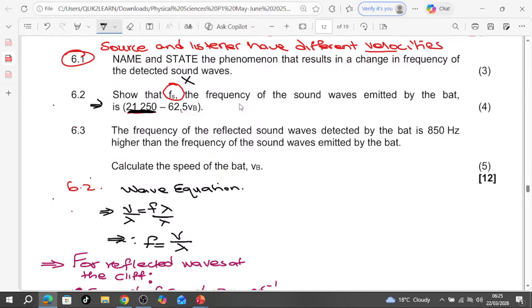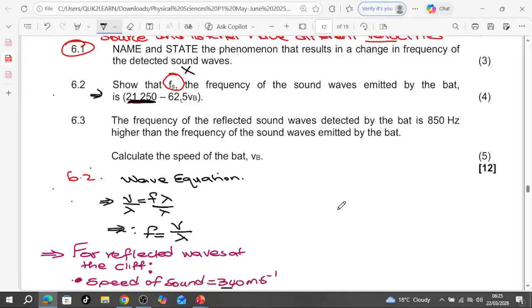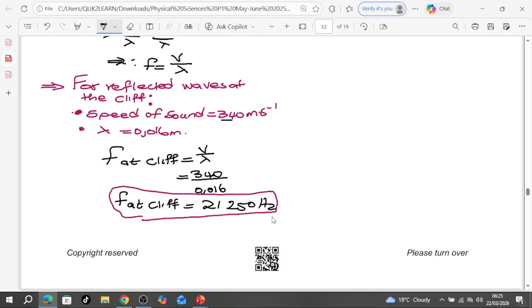The bat is moving towards the cliff, so this is not the frequency of the source. If the bat is moving toward the cliff, this tells us that the cliff receives a higher frequency than the one emitted by the bat.